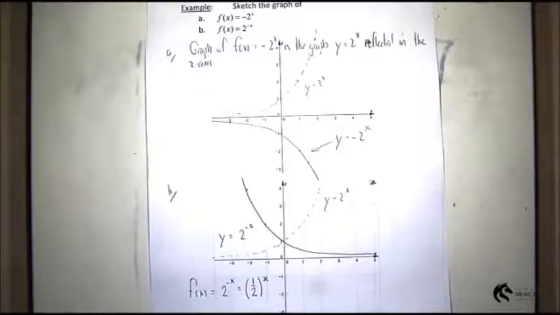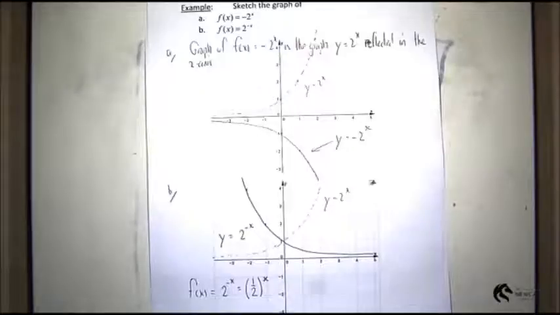It has the same shape as 2 to the x. It's just steeper. And in fact, I could put on here 2 to the x because it would go there and there. And so 2 to the x, if I were to draw it, would look like this. So that would be y is equal to 2 to the x. Same basic shape, just that when I have a larger base, the graph is steeper, gets bigger quicker.